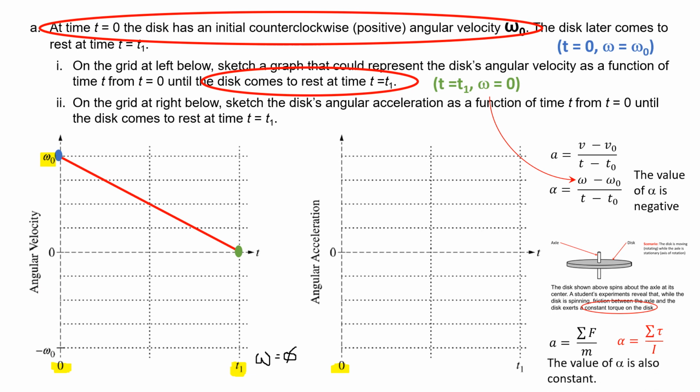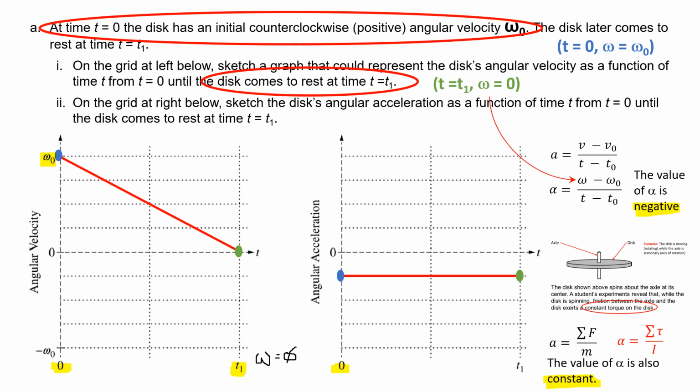So if the torque is constant, then the acceleration is constant. Constant uniform acceleration means a horizontal line. But where can we find it, above or below zero? Since it is negative and constant, our acceleration is a horizontal line below the zero axis of angular acceleration.